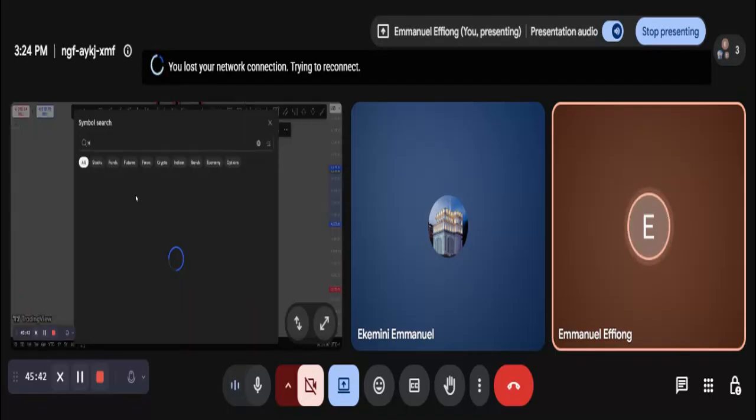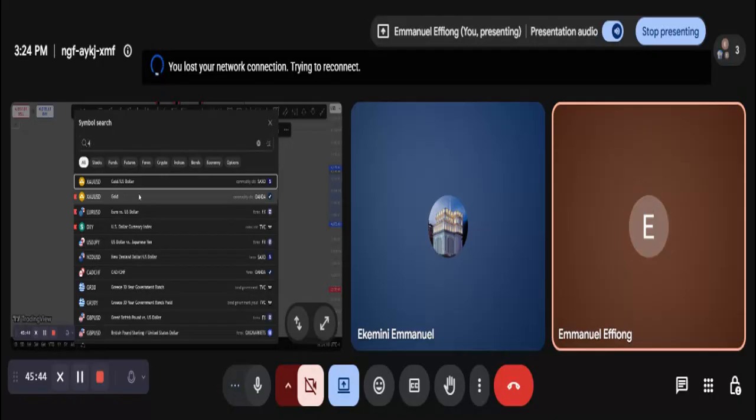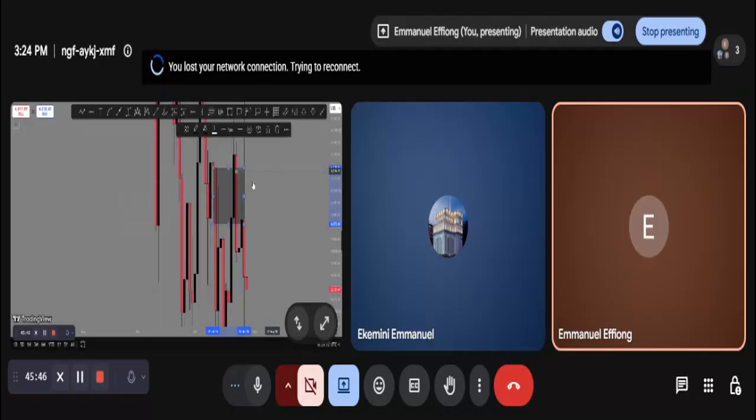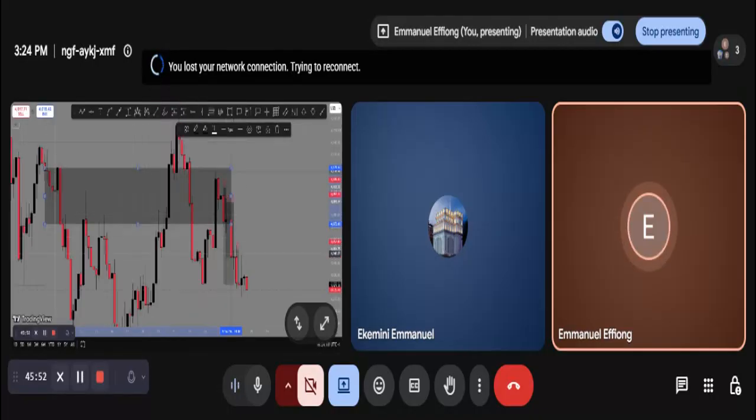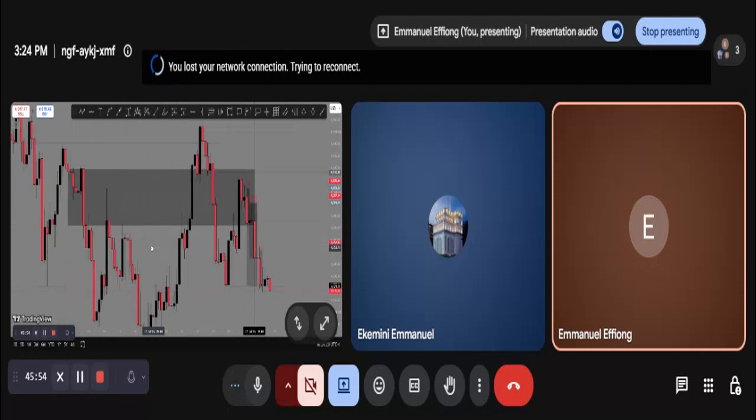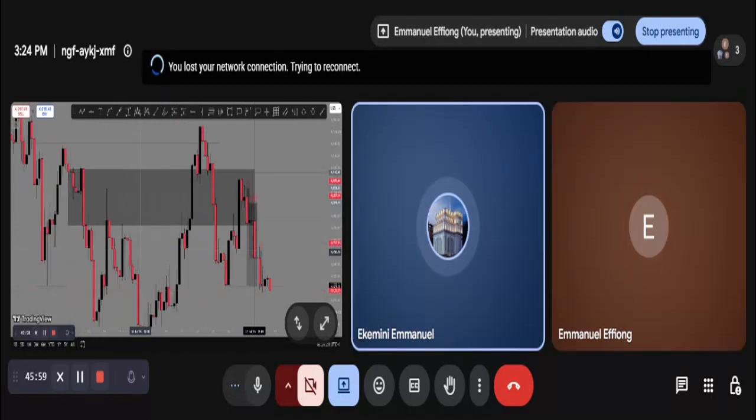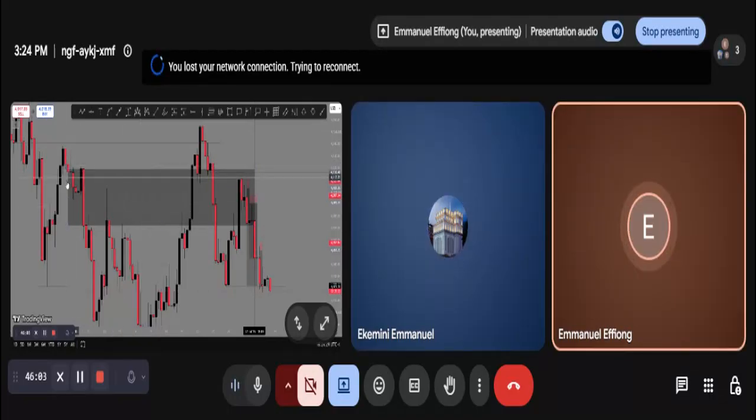I've already given you guys the roadmap. So on this 4 hour, what am I looking for? I'm looking for a break of structure and a key level inside this zone.